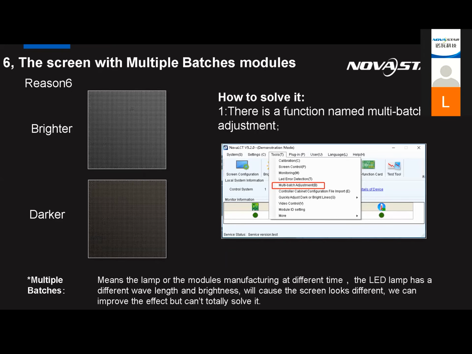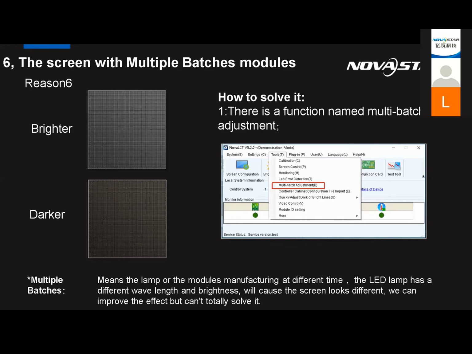What I can tell is this tool definitely helps different batches of modules get to very similar, very close brightness and color, but I cannot guarantee they could be totally the same.